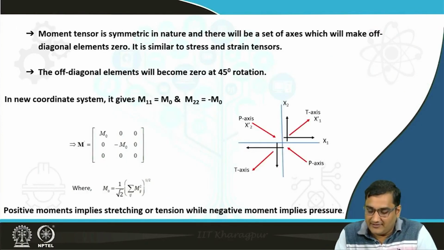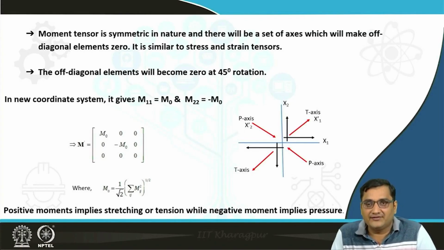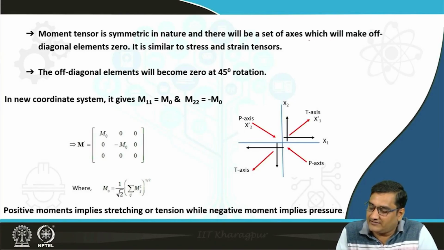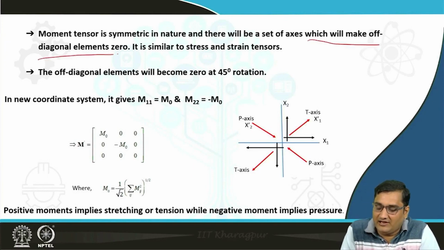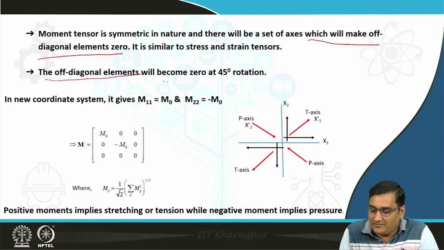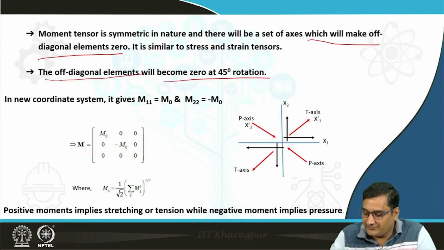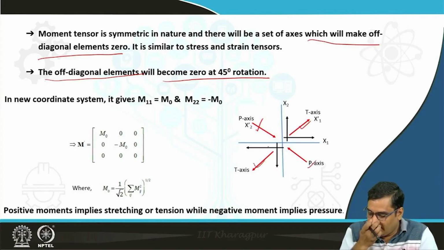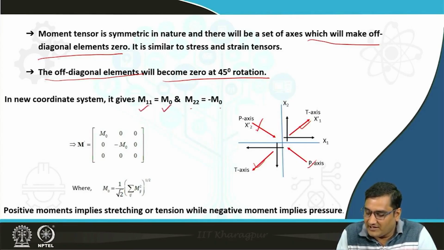The moment tensor, similar to the stress and strain, is symmetric in nature. There will be a set of axes which will make the off diagonal elements 0. The off diagonal elements will become 0 at a 45-degree rotation. So this is for the 45-degree rotation, the P and T axes. In the new coordinate system, we can replace M11 as M0 and M22 as minus M0. So this will become M0 and this will be minus M0.